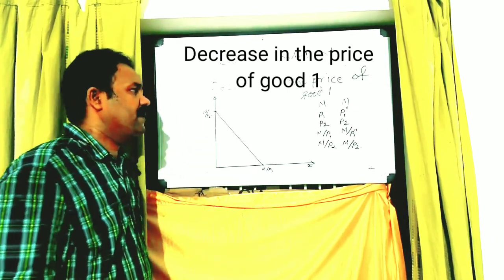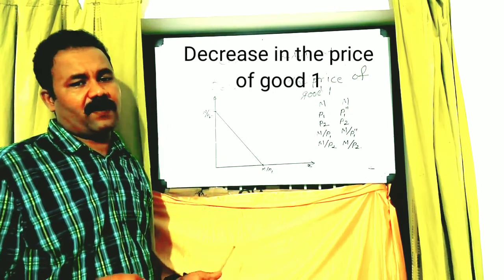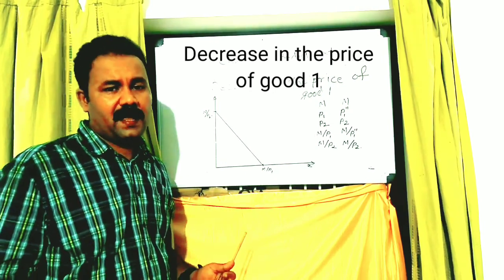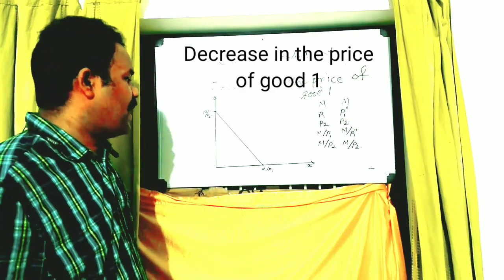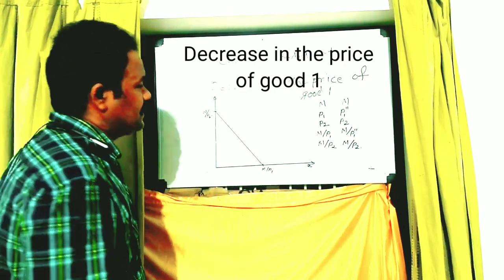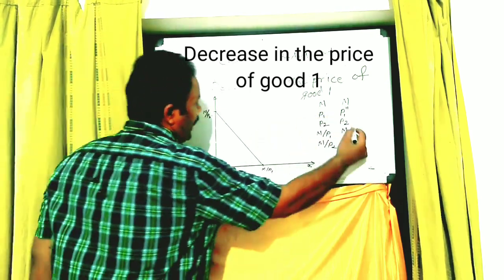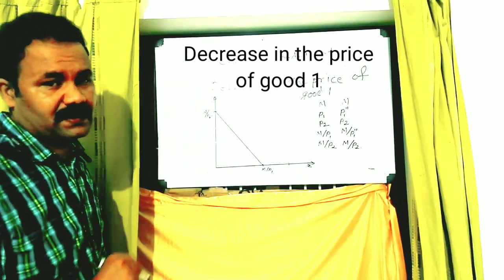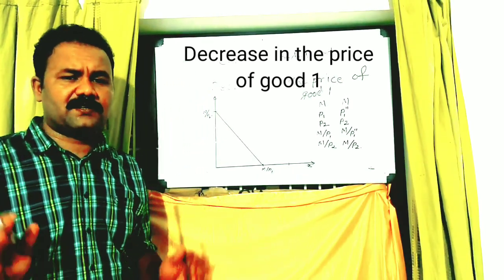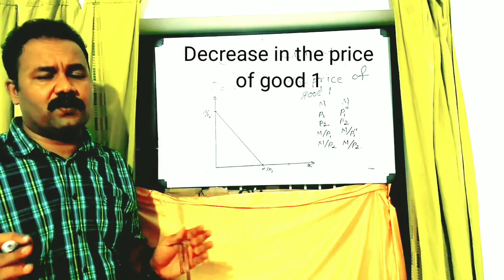Then here, when the price of good one decreases while the income of the consumer and the price of good 2 remain the same, at that time this horizontal intercept, M by P1 double dash, will shift outward. Why? There is no change in the income of the consumer and the price of good 2.